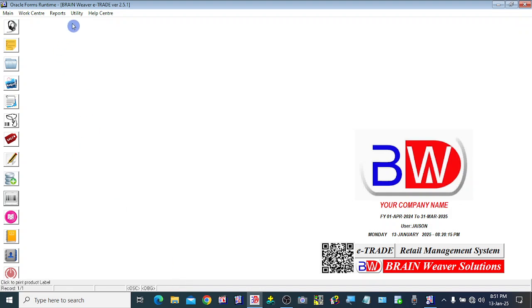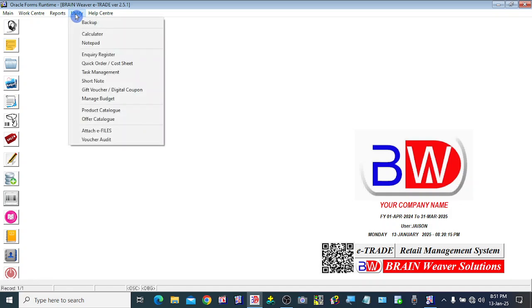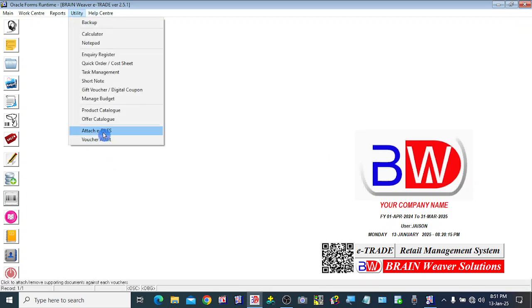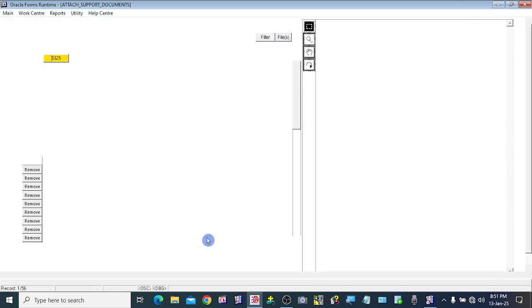Another feature is, whenever you make a sales entry, purchase entry, sales return, purchase return, or any type of journal entries, the system will allow you to upload the supporting documents against each voucher.